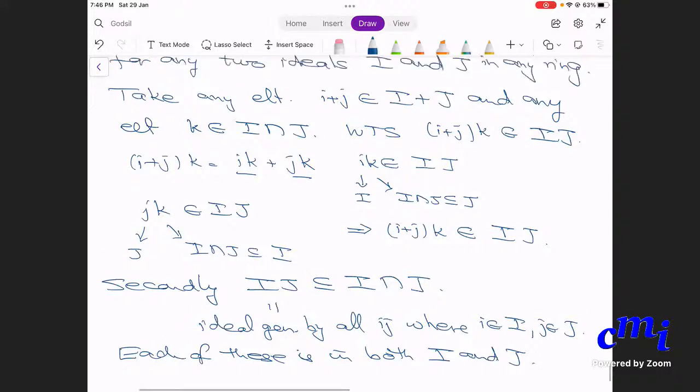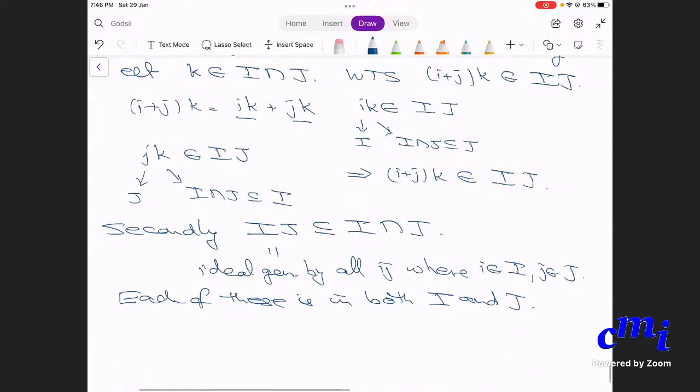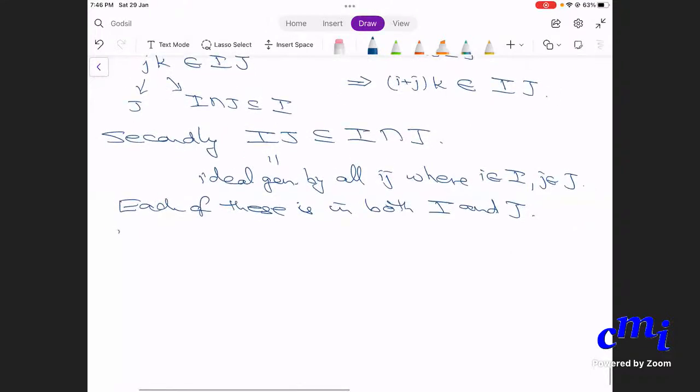So we have this law: (I + J)(I ∩ J) is contained in IJ, is contained in I ∩ J. This leads to one useful corollary, and this is relevant for us in the context of the Chinese remainder theorem.